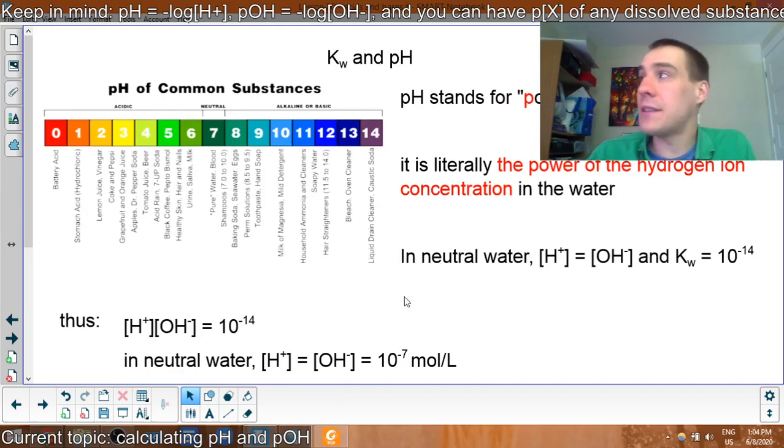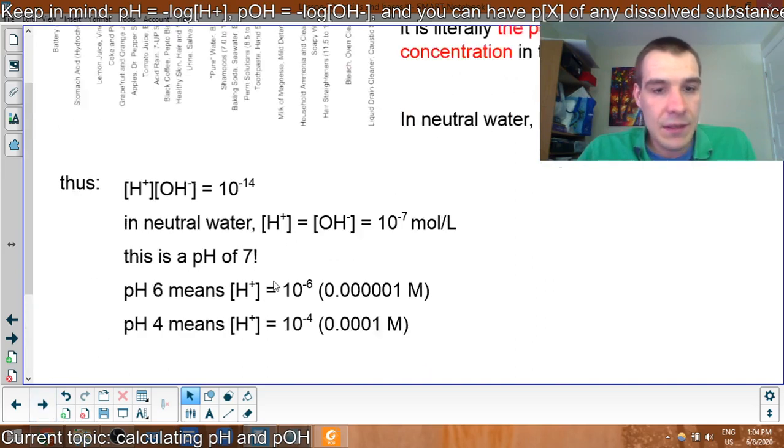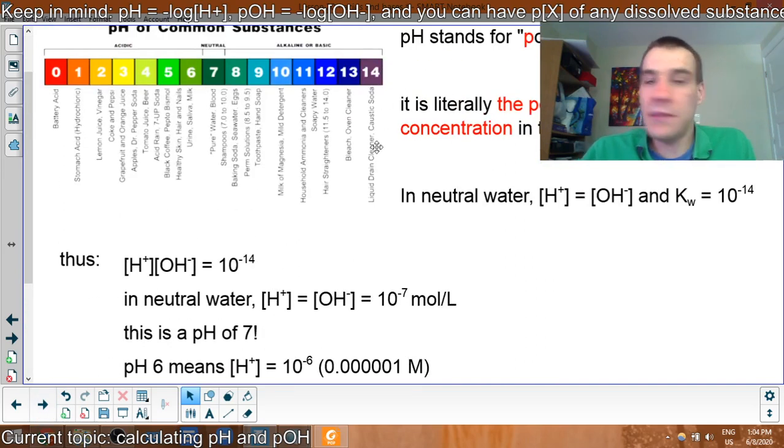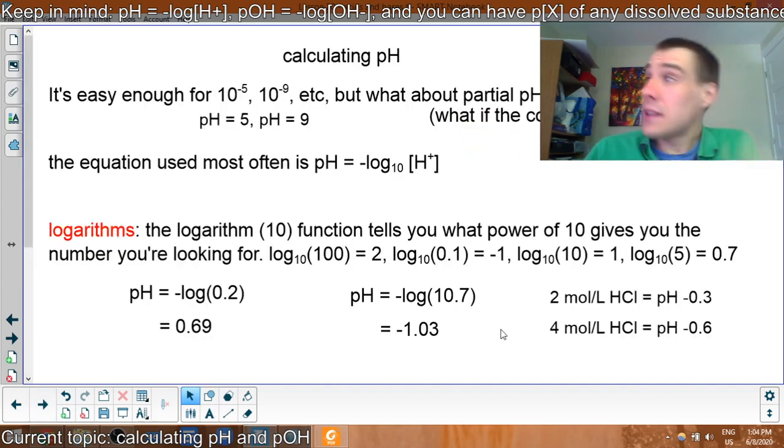Our lab acid is 10.7 molar HCl, and it ends up having a pH of negative 1 point something. Which is pretty cool. And you can also have a pH above 14. That's also entirely possible.